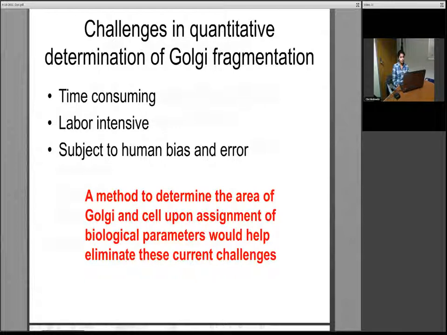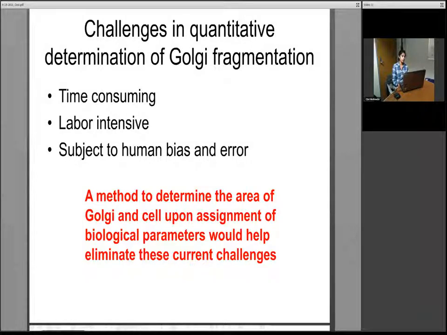While I started trying to quantify these changes in Golgi morphology and structure, one of the biggest challenges associated with this kind of analysis was that I was dealing with a large amount of data. We are talking easily 50 images, and each image would have about 10 cells.